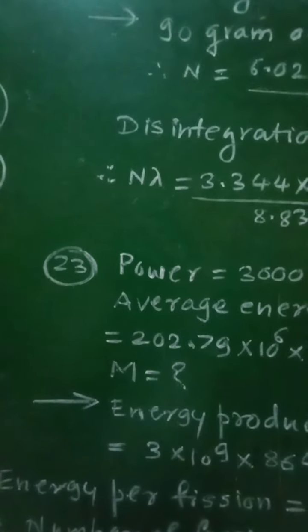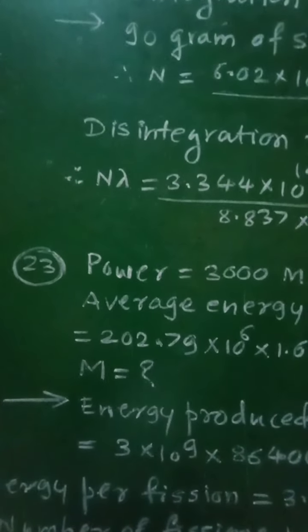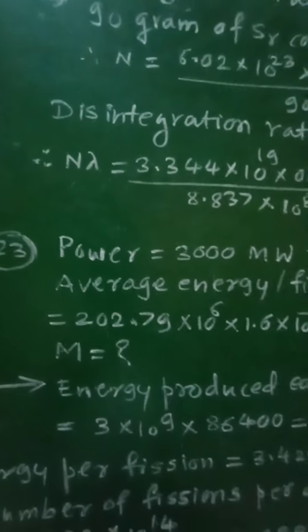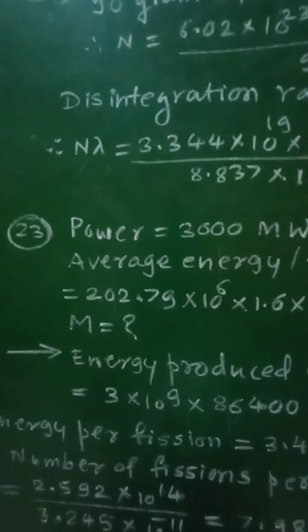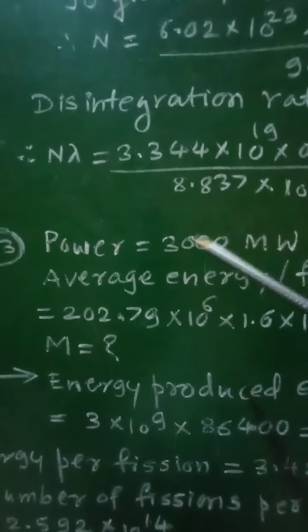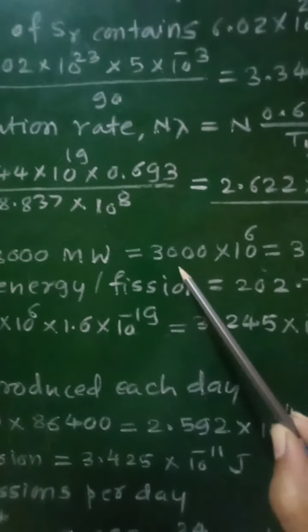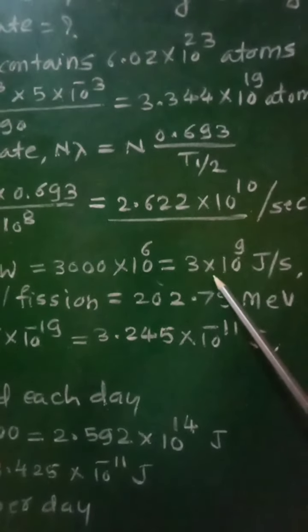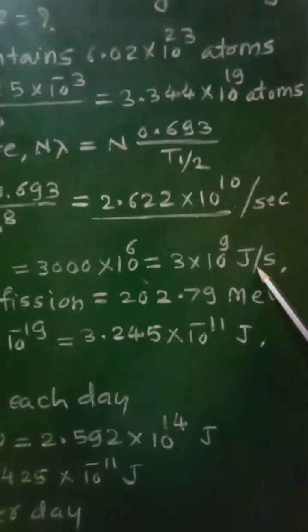Average energy per fission is given here, that is 202.79 mega electron volt. And therefore for this numerical number 23, the given data is power is 3000 megawatt, which will be converted as 3000 into 10 raised to 6, that is equal to 3 into 10 raised to 9 joule per second, that is watt.